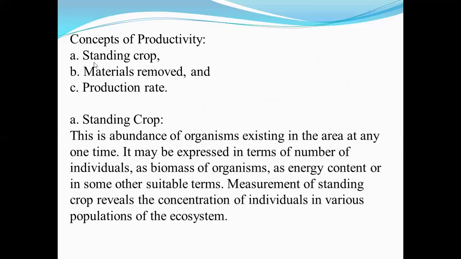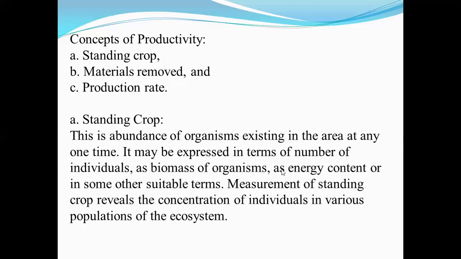You have to understand what a standing crop is, how the materials are removed, and the production rate. First, let us understand about the standing crop. What is a standing crop? This is the abundance of organisms existing in the area at any given time.